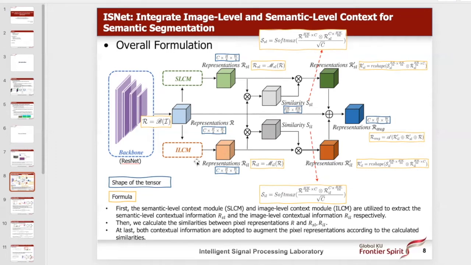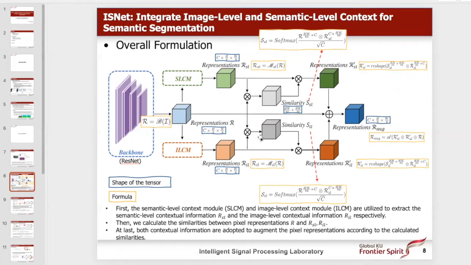And similarly, the second branch is used to calculate the image level context information. We send the representation R to the image level context module and get the RIL, which includes the image level context information.